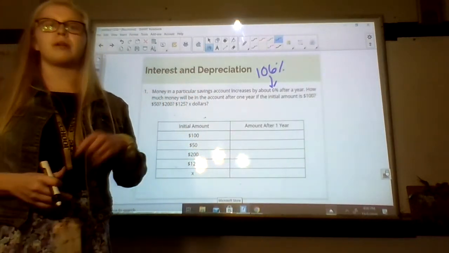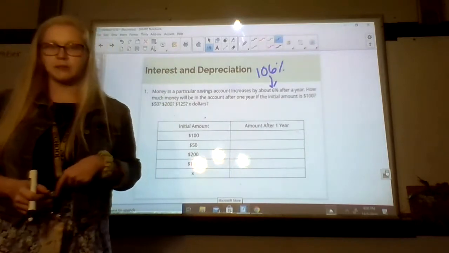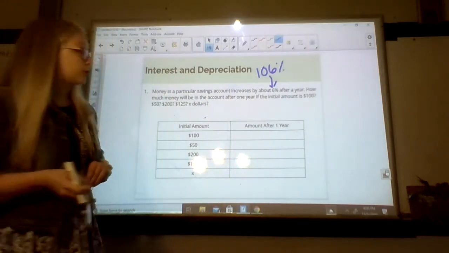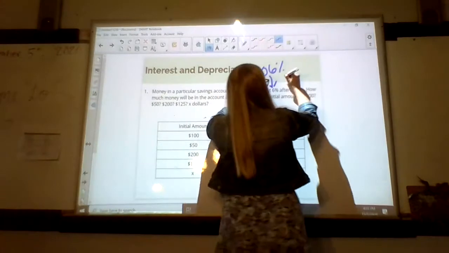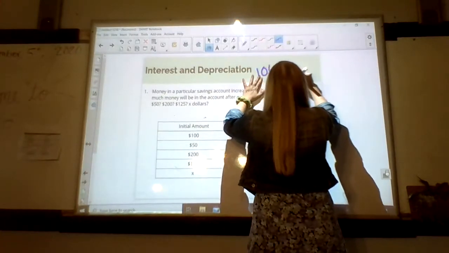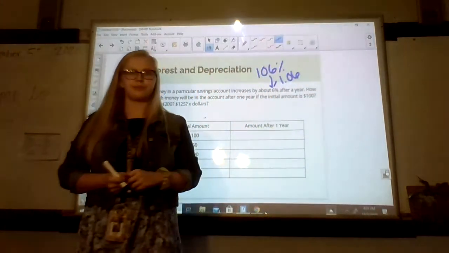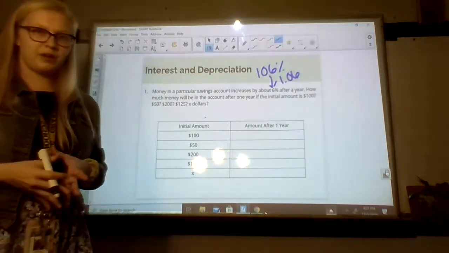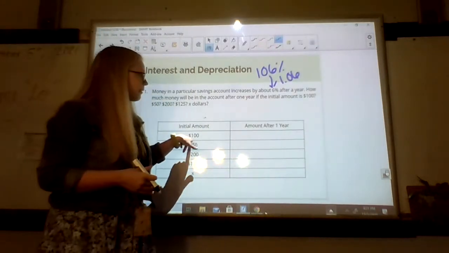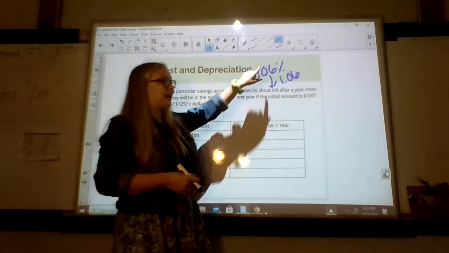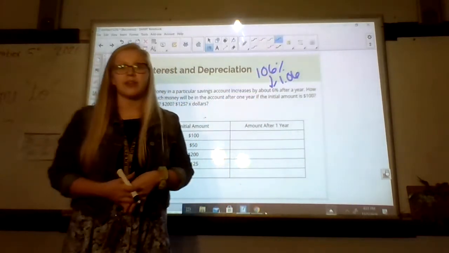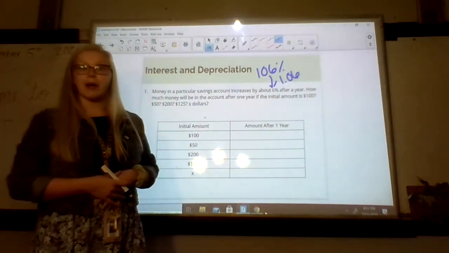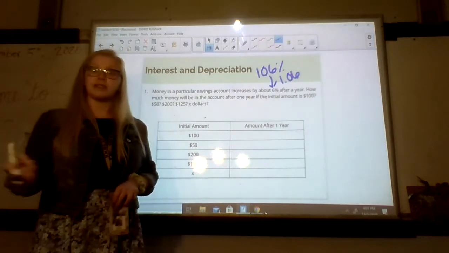Remember, to turn from a percent to a decimal, you divide by 100. So if I divided that by 100, I have 1.06. So, what this means, if I take my initial amount, I'm trying to find 106% of it, I'm just going to multiply it by 106%, or 1.06.